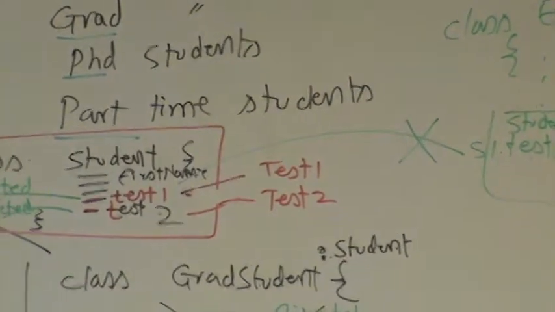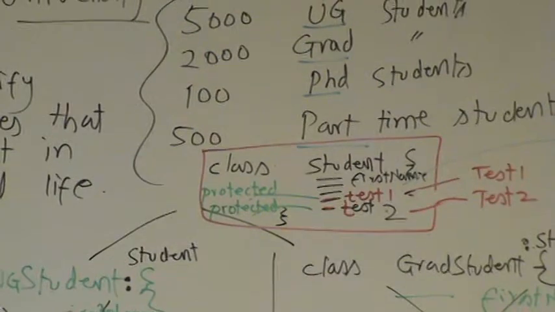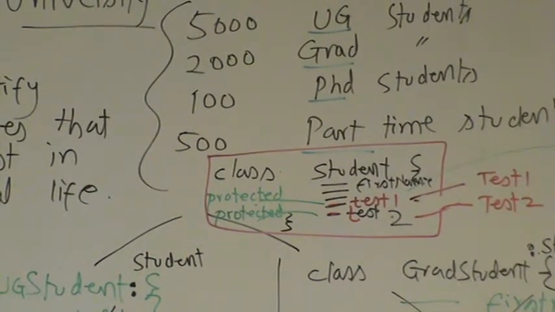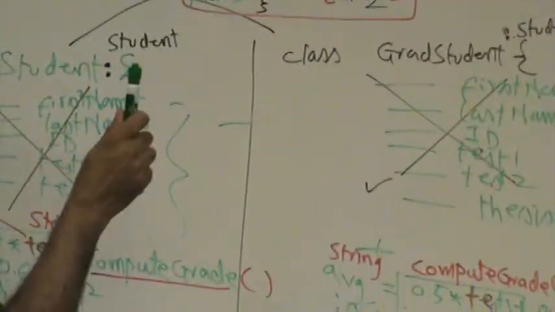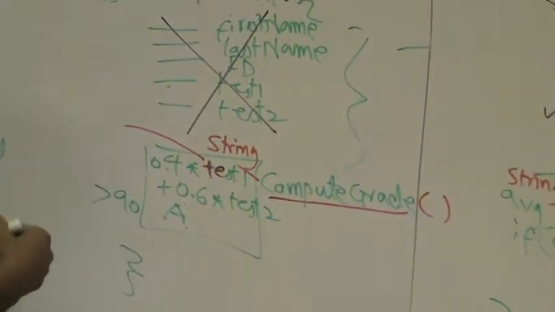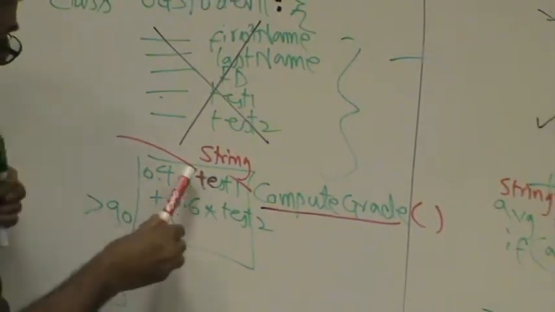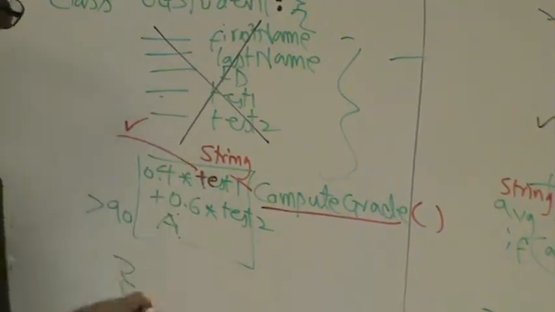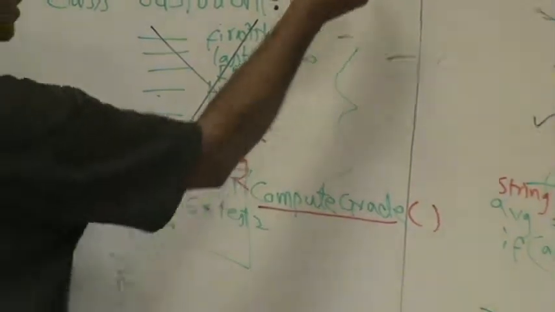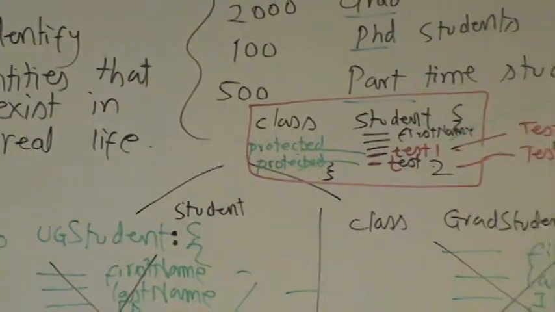Why? Because it's protected. Protected only allows access to a derived class, no other class, okay? So over here, now if we use lowercase t, it's perfectly okay because t is protected over here, and this class is inheriting from the student.